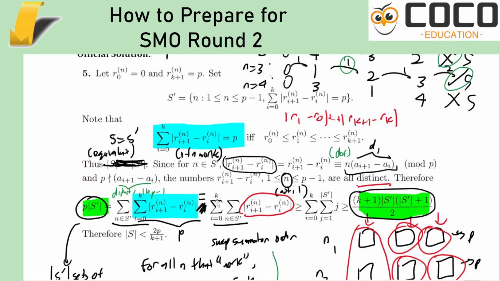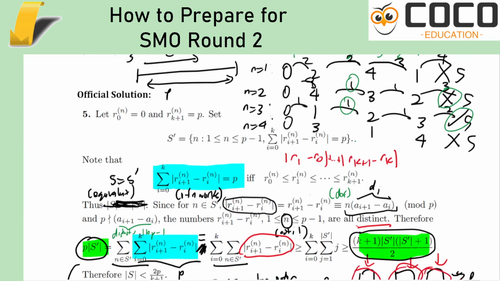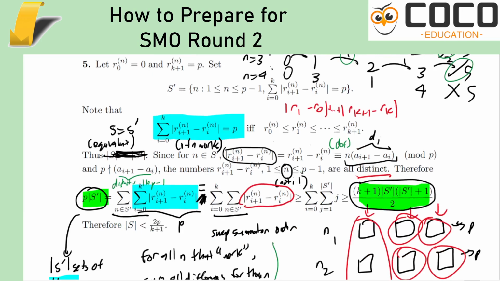Sorted in order means that the jumps are all in the same direction. So like 4 to 3, the difference of 1, versus 1 to 2, the difference of 1, are in different directions. Whereas you want them all to be in the same direction so that you can compare them to each other directly rather than indirectly.